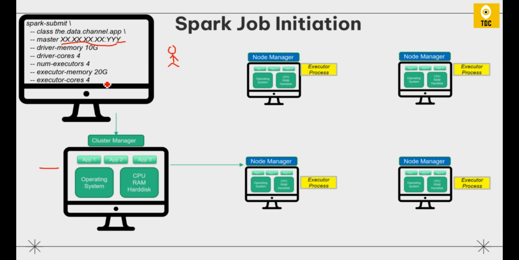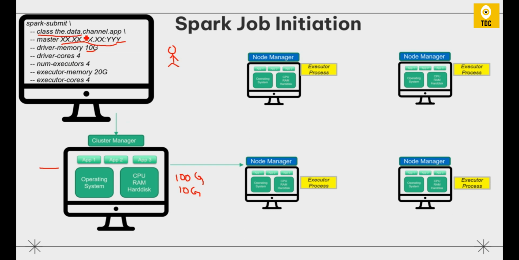Then you have to give the driver memory. Driver memory is nothing but the memory of this master node. The memory of the master node might be like 100 gigs, but you want to utilize only 10 gigs for this particular job, so that's why you are giving 10 gigs, and you want to run this app.